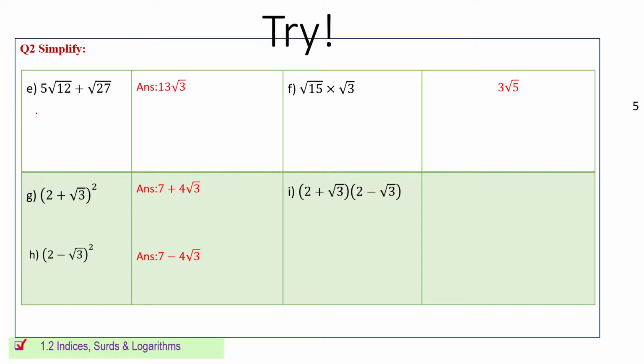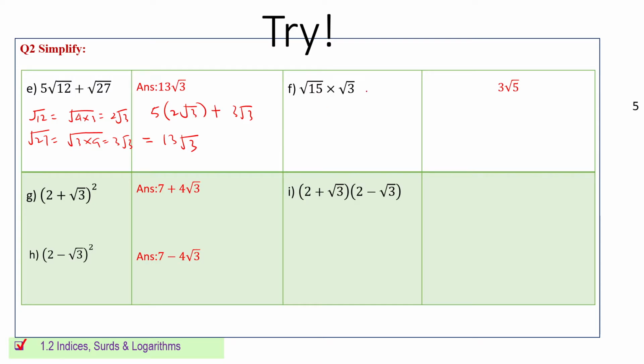Root 12 is root 4 times 3, which is 2 root 3, and root 27 is root 9 times 3, so it is 3 root 3. So the total, 5 multiplied by root 12 is 2 root 3, root 27 is 3 root 3, so all of them we have 13 root 3.